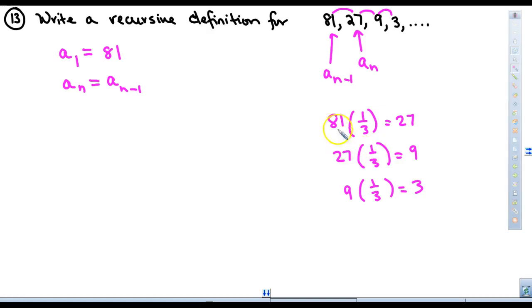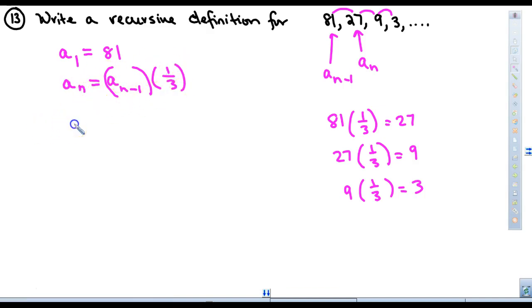So what I'm doing is I'm taking my previous term, which is a sub n minus 1. Okay, sorry about that phone call. The previous term is being multiplied by 1/3 to get the next term. So again, this is your previous term. This is your next one. So I'm having to take my previous term and multiply it by 1/3 to get my next one.